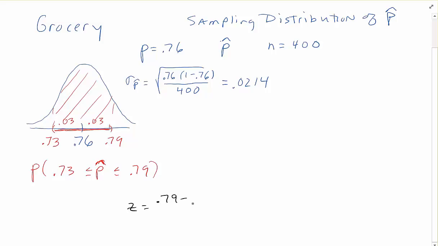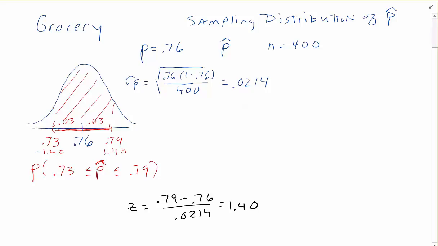So 0.79 subtract 0.76, or 0.03, divided by 0.0214 equals 1.40. So the 0.73 has a negative 1.40, and the 0.79 has a positive 1.40.